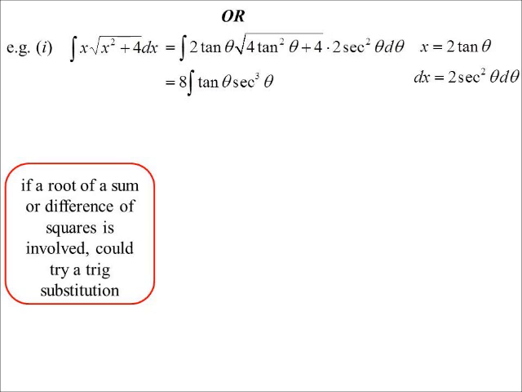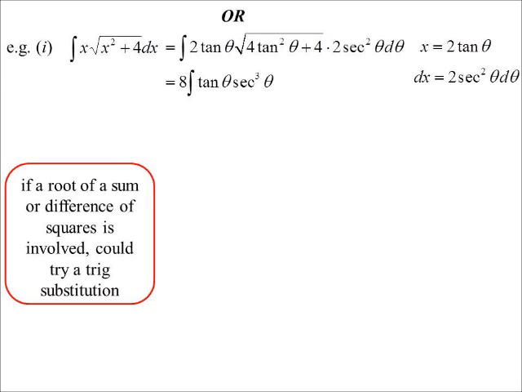So the x becomes 2 tan theta, the square root becomes square root of 4 tan squared plus 4, and then the dx becomes 2 sec squared. Now, the square root of 4 tan squared plus 4 is 4 sec squared. The square root of 4 sec squared is 2 sec.